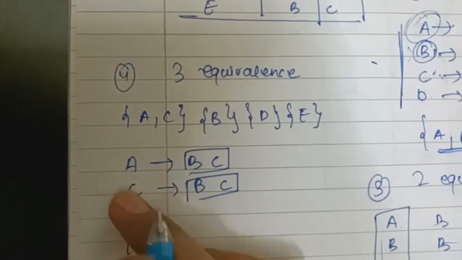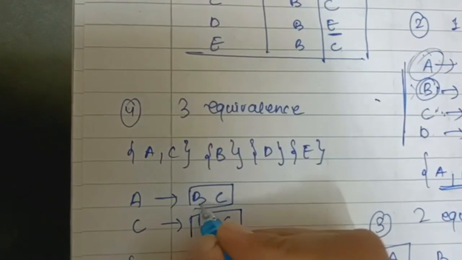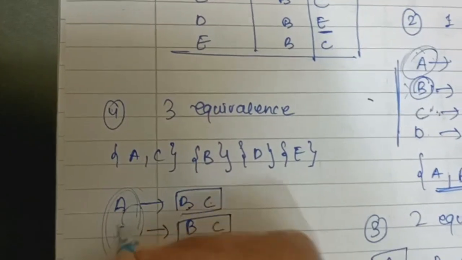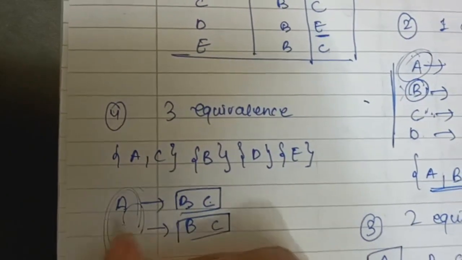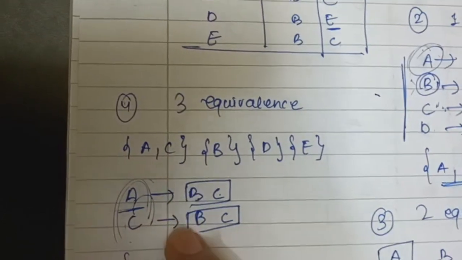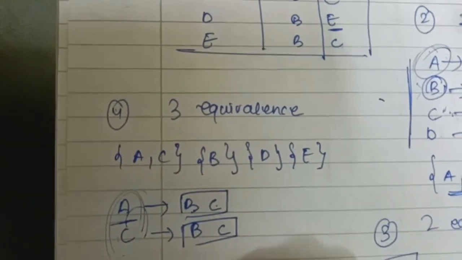Remember this is an important thing, because sometimes we are confused that A transits to B and C and B does not exist in this group. So why are we not splitting A and C? We cannot split A and C because they both are transition equivalent. So this will remain same.